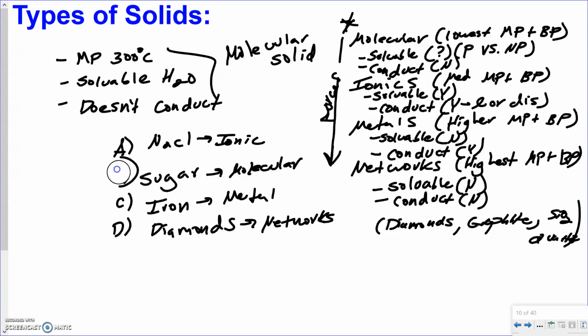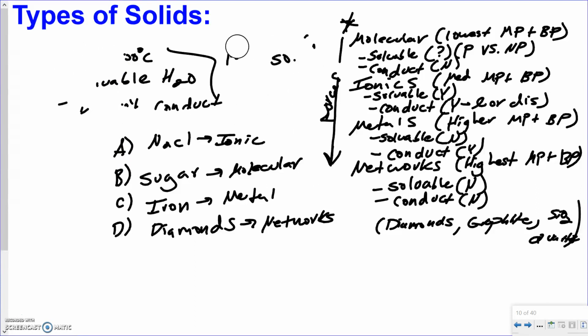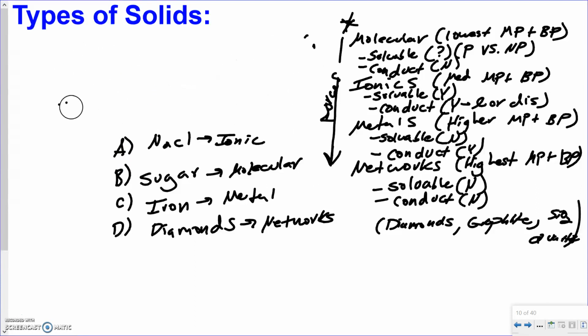Okay, so let's do it again. We're going to keep these four as our multiple choice selection choices. Let's pick out some more properties. Let's say it melts at 2,000 degrees Celsius, and that's its melting point.